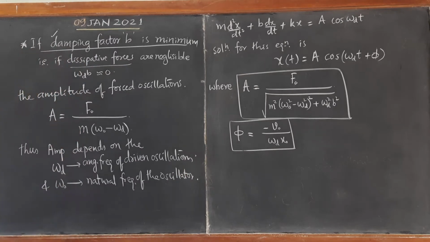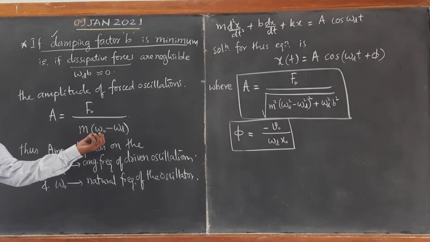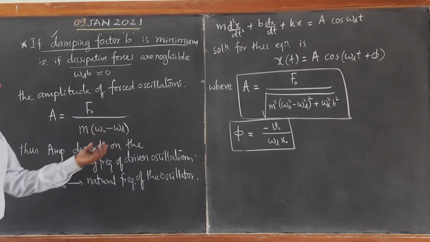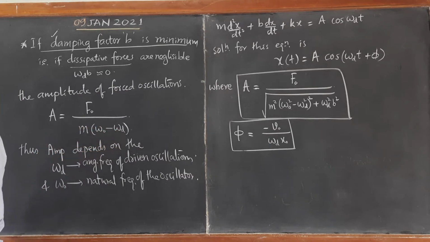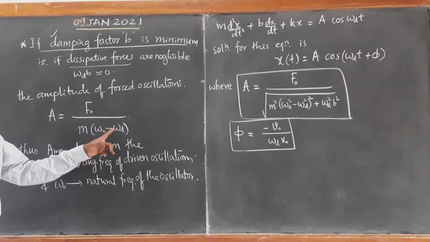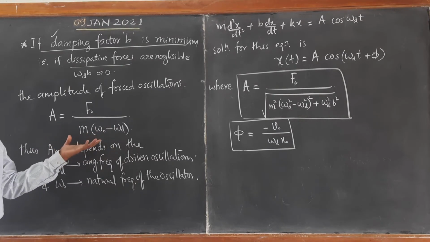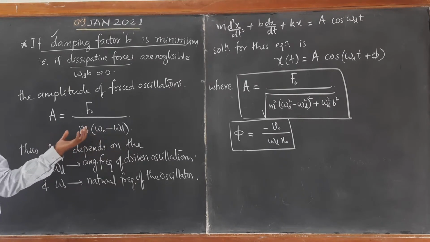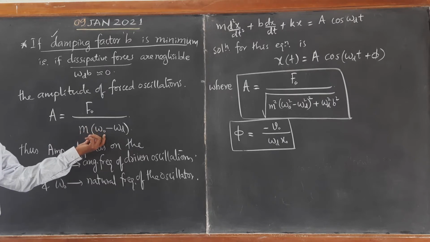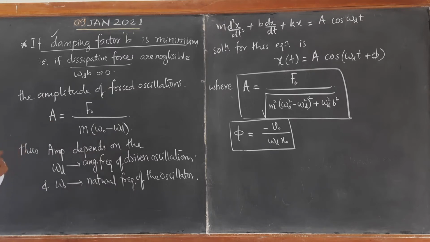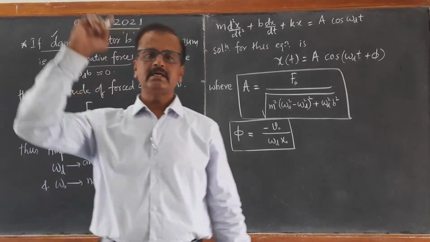In this case, suppose omega naught is approaching omega d, or omega d is approaching omega naught. If omega d is approaching omega naught, then what happens in the denominator? The denominator is almost tending to 0. If the denominator is almost tending to 0, the amplitude almost tends to infinity. It means the amplitude shoots up, the amplitude suddenly rises up.